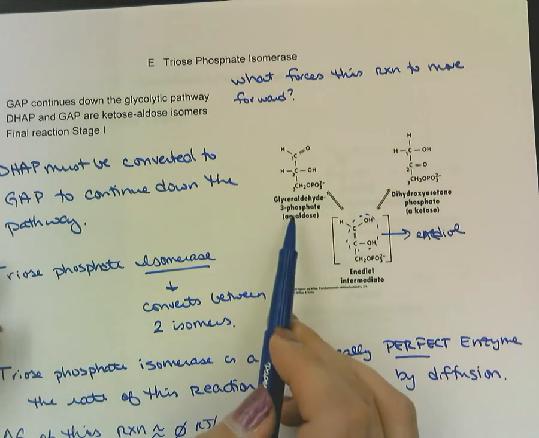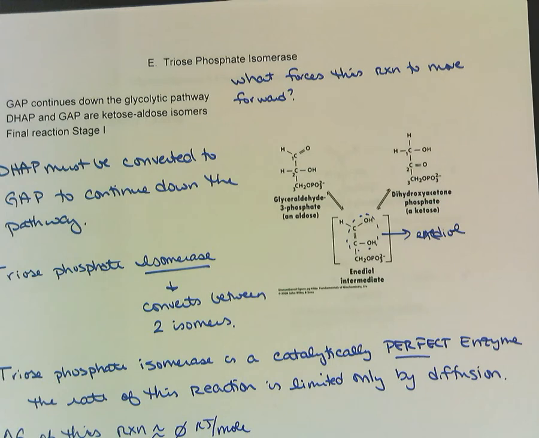Concentration. As GAP gets used up later in the cycle, it's going to want more GAP from the top. So it's going to funnel more of the DHAP through to eventually make pyruvate.